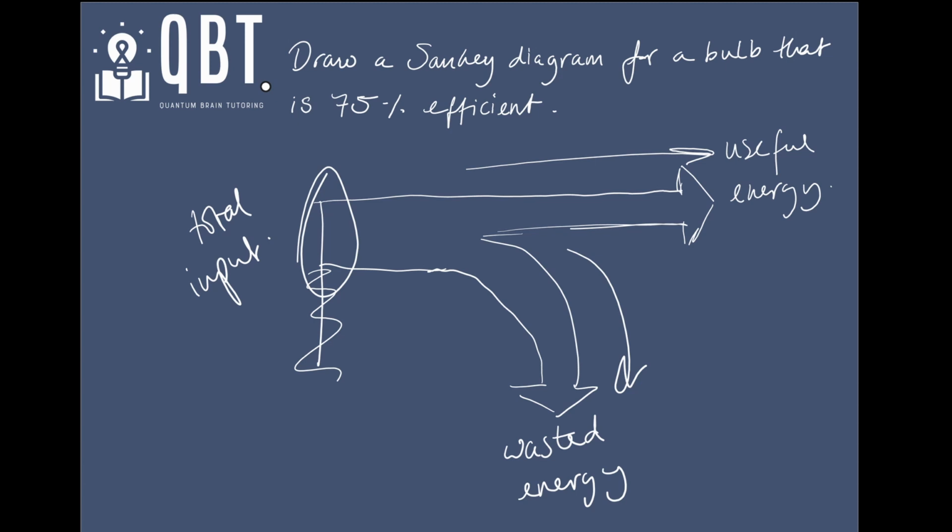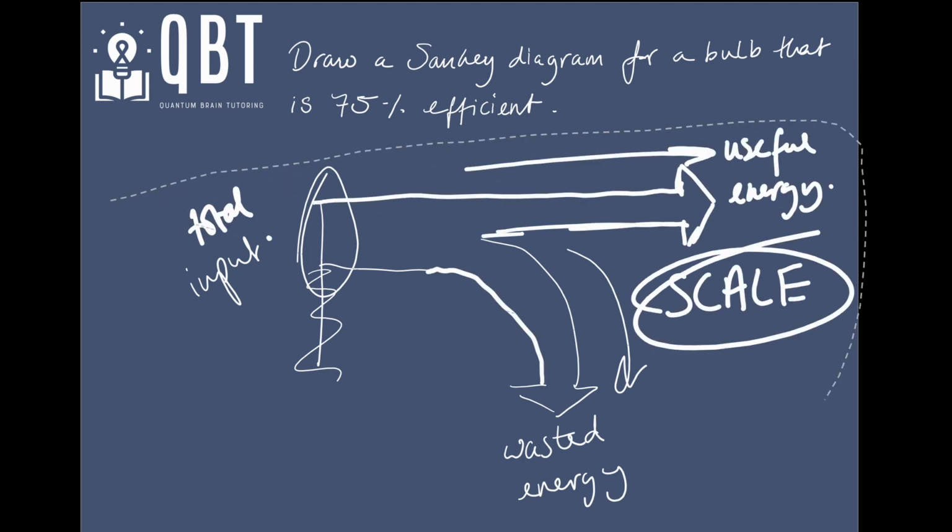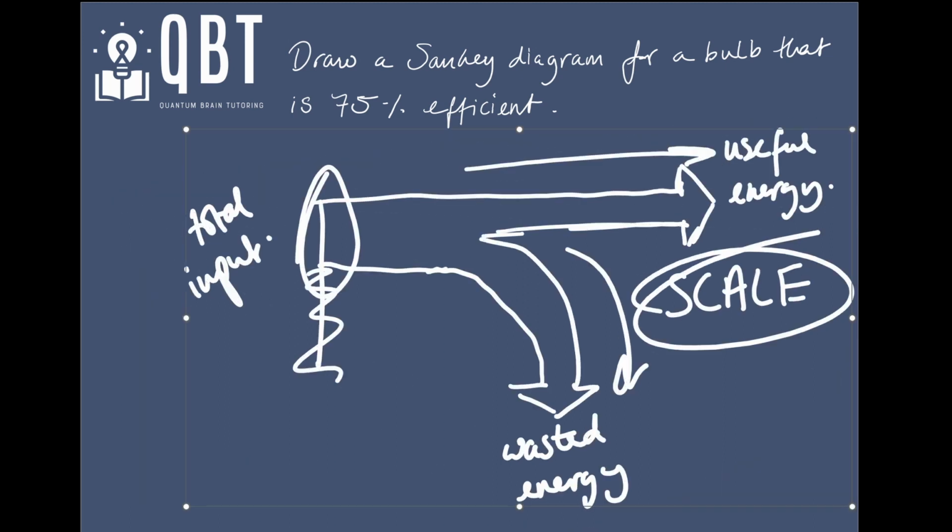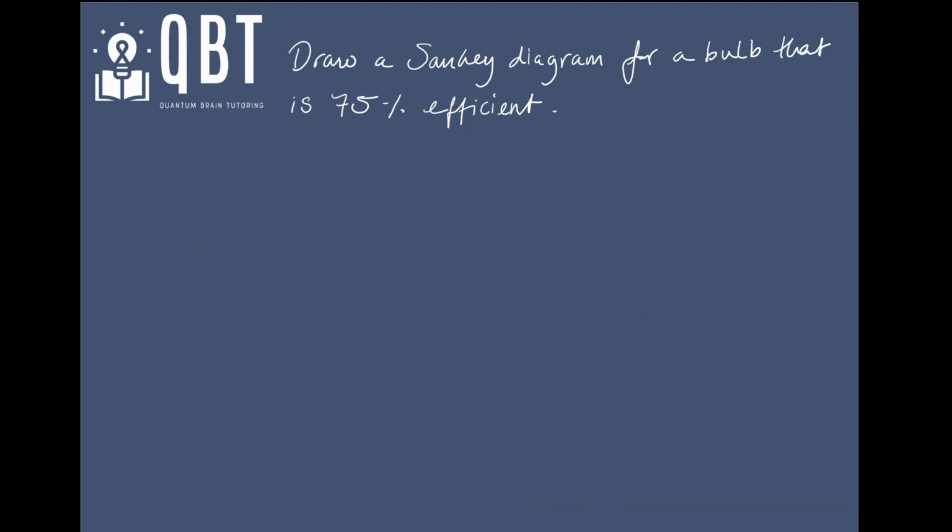Another thing that we need to consider is the scale, and I'm doing this in capital letters because it's really important that you get this bit right. When I say scale, I mean that the amount of energy that's wasted and the amount that is useful needs to be represented as a ratio of the total input.